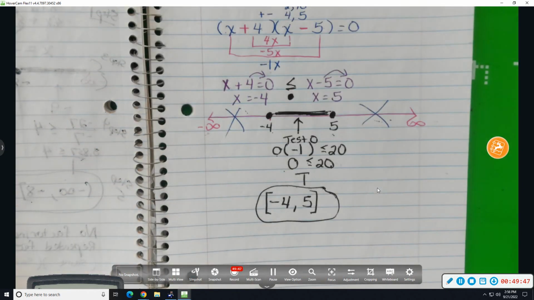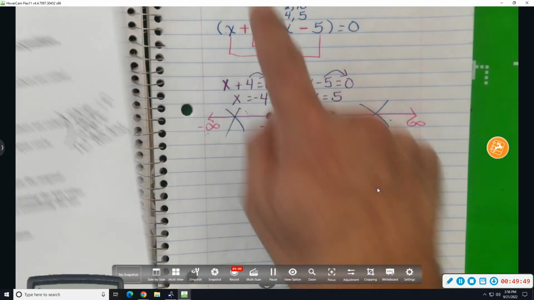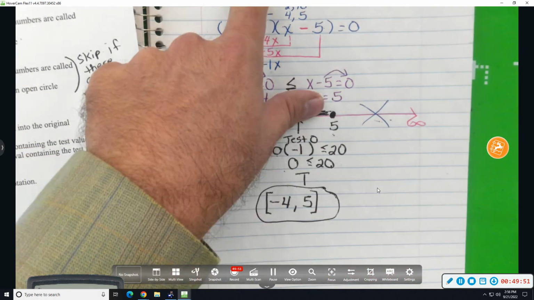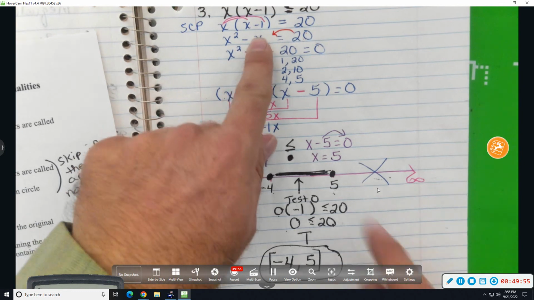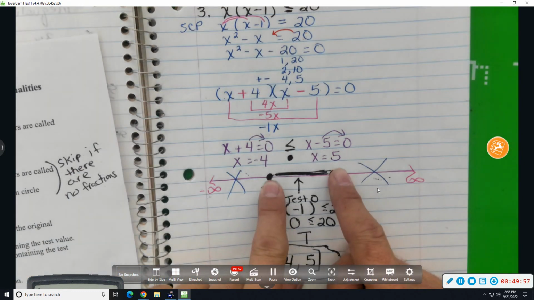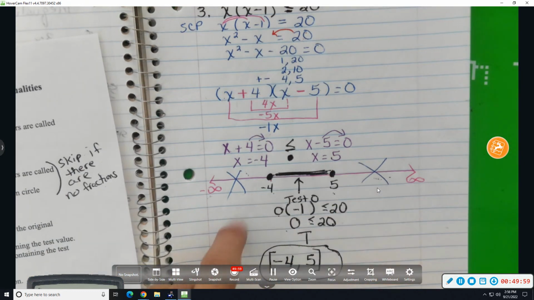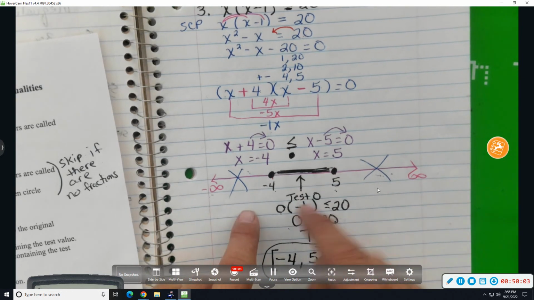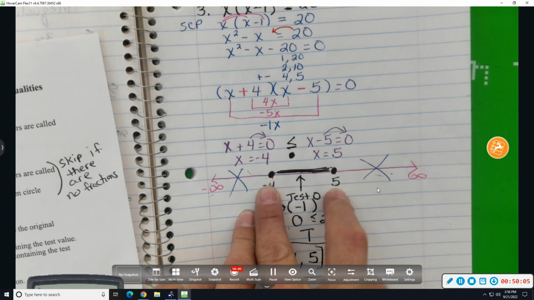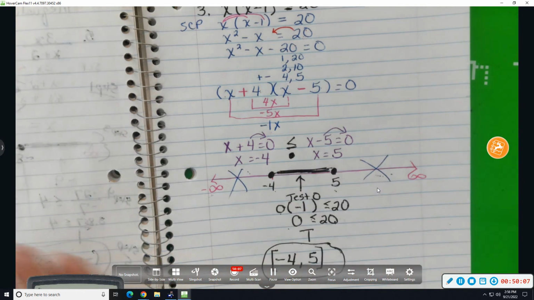What's the basis of this? Like on this problem, we're trying to figure out when something is less than or equal to 20. Find where it equals 20, and everywhere else it's either going to be bigger than 20 or smaller than 20. That's the logic. Find where it equals 20. Everywhere else it's either bigger or smaller.